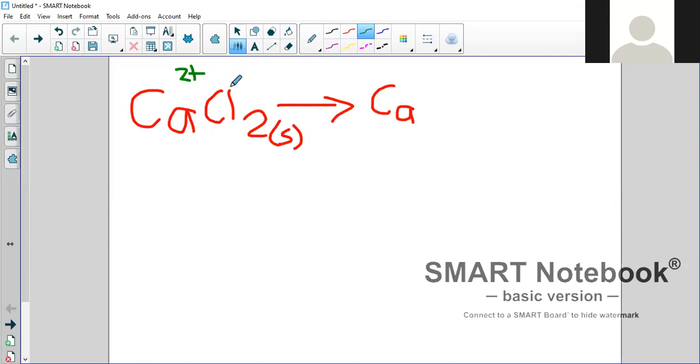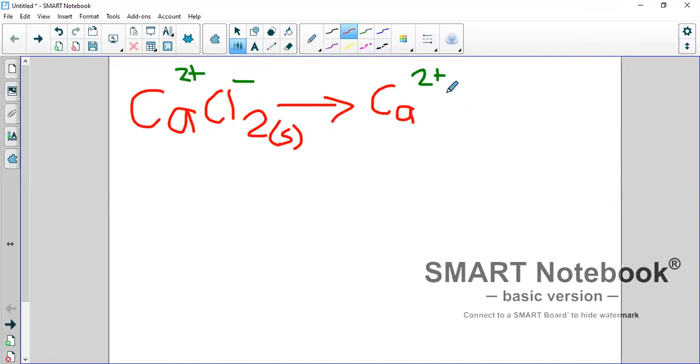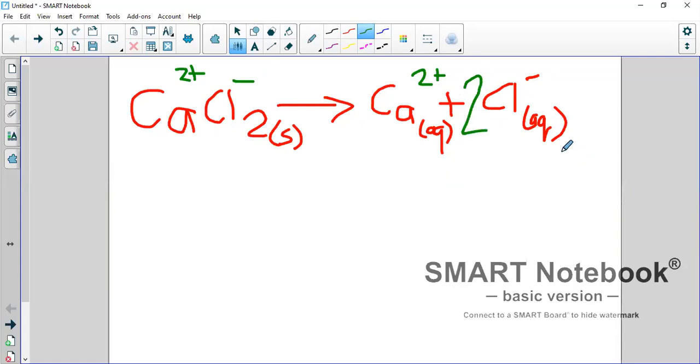And your chloride is in group 17, that's going to be a minus. So if it dissociates, you're going to have your Ca2+ plus your chloride ions, Cl-. This one becomes aqueous, and this one here becomes aqueous. And balancing this, calcium is 1, calcium is 1. Chloride ions here, there are 2, so you put a 2 here. If you check how many ions we have here, it's 1 plus 2. So all in all, there are how many? 3 ions that we're going to create.